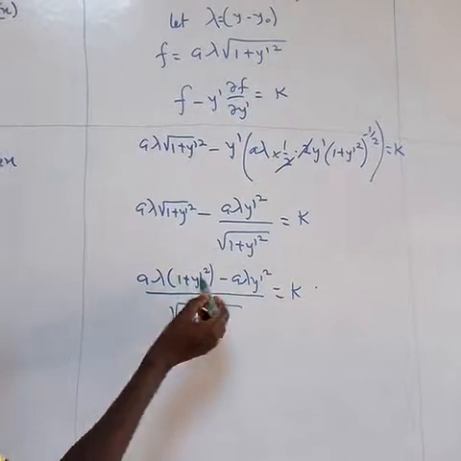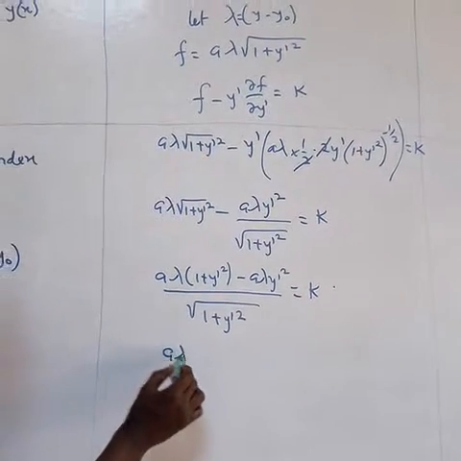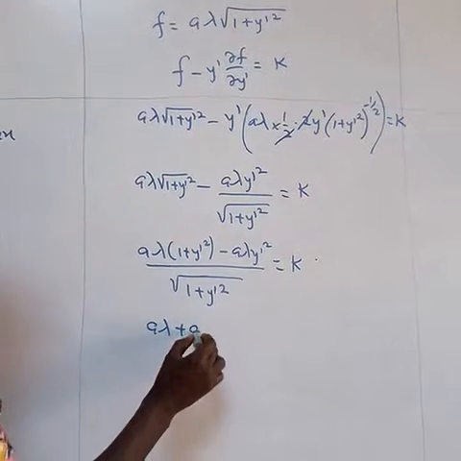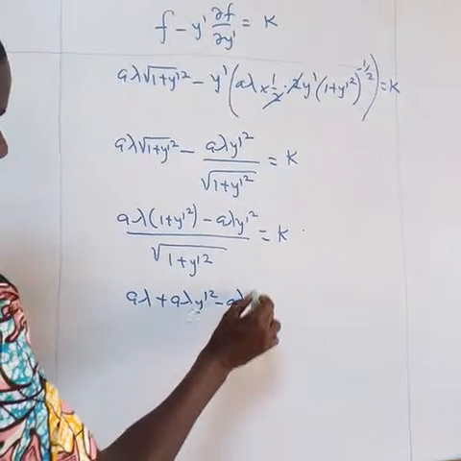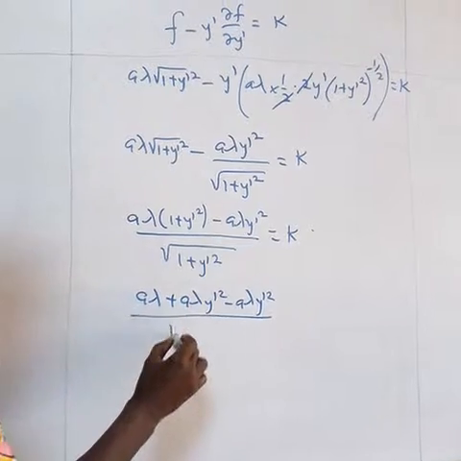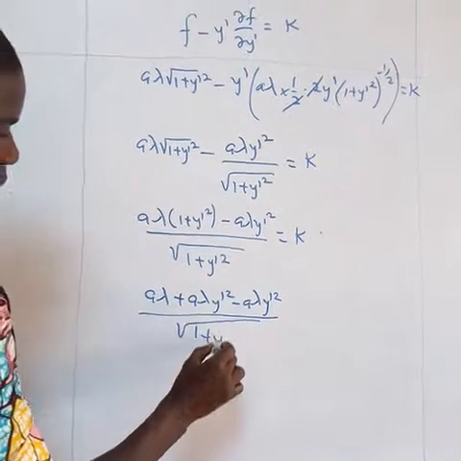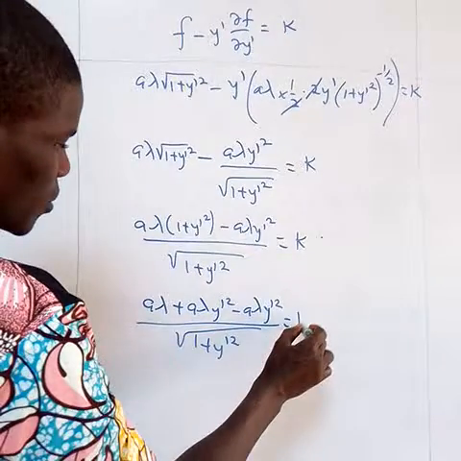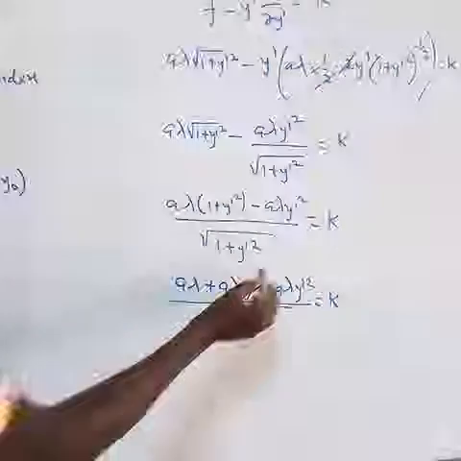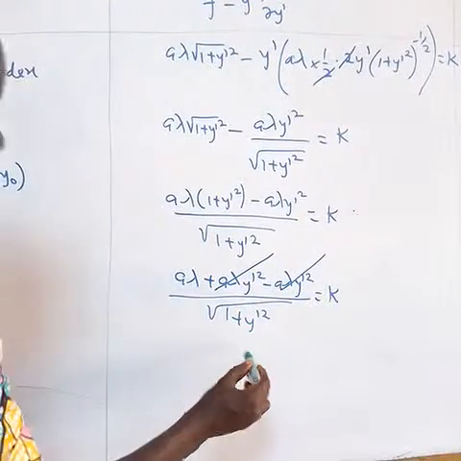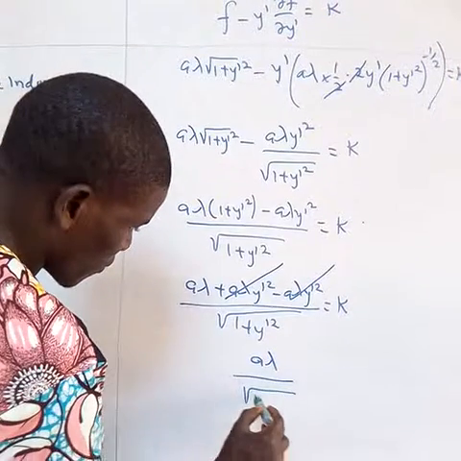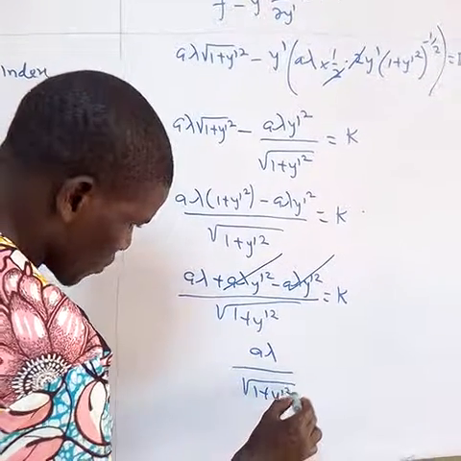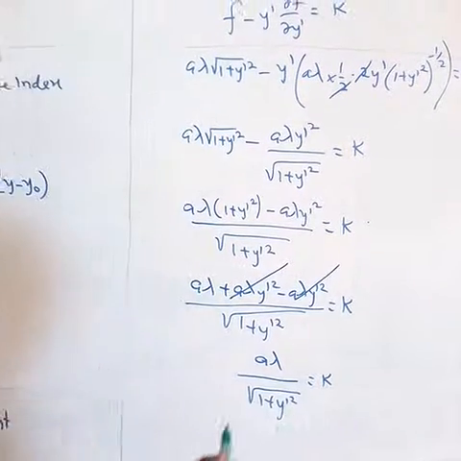So by the time we expand this, we are going to have a lambda plus a lambda y prime squared minus a lambda y prime squared against square root of 1 plus y prime squared is equal to k. So from this we can easily cancel this. So we are going to have a lambda against square root of 1 plus y prime squared is equal to k.